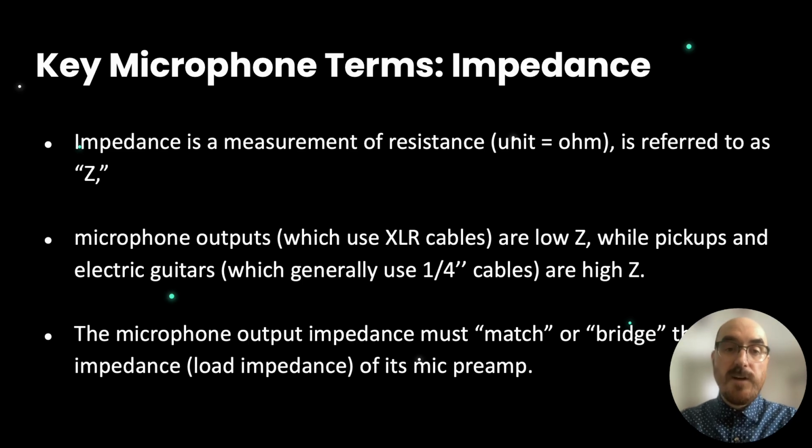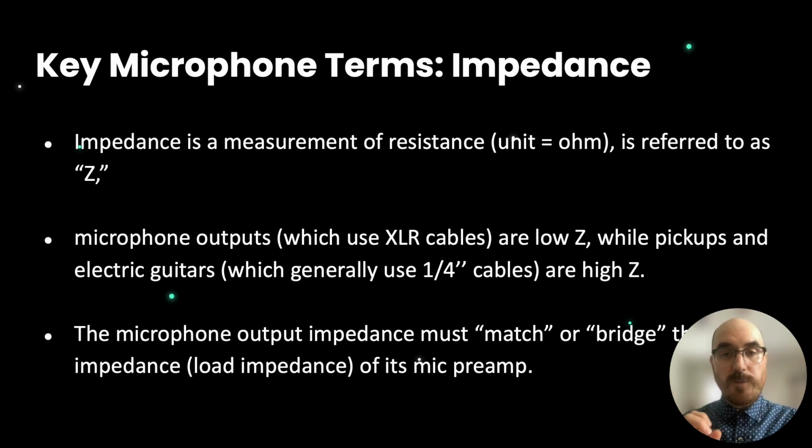And impedance. So impedance is the measurement of resistance. Here we're getting a little bit into, if you ever have any family that are electricians or people who have studied electrical engineering, this is more of an electrical term. Impedance is the amount of resistance, uses Z as the sort of unit of measurement. Microphone output is low Z, while pickups of electric guitar cables are high Z. The microphone output impedance must match or bridge the impedance load of a mic preamp.